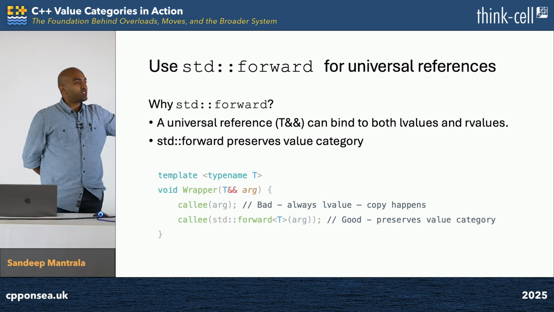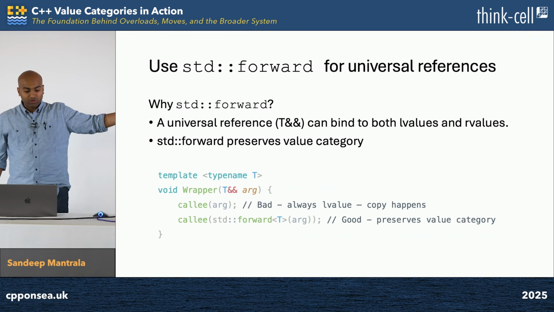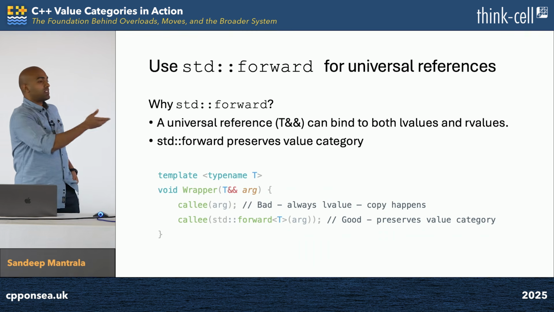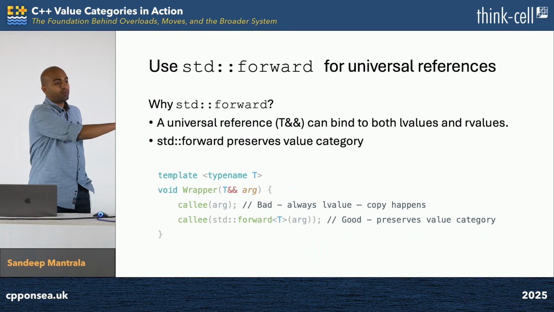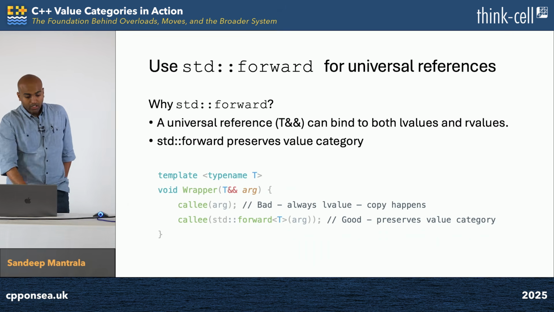L value, right? Because we are just referring to it by name. Originally what we passed is an R value, but because we are just referring to it by name, it becomes an L value. We don't want to do that. So this kind of code is bad. Instead, what we should do is use std::forward.